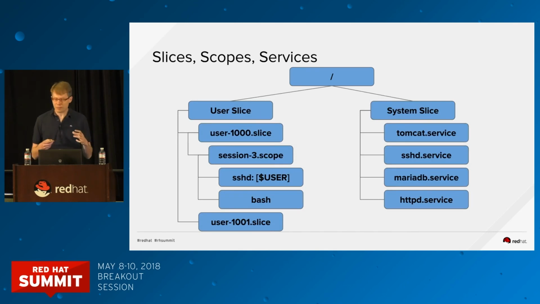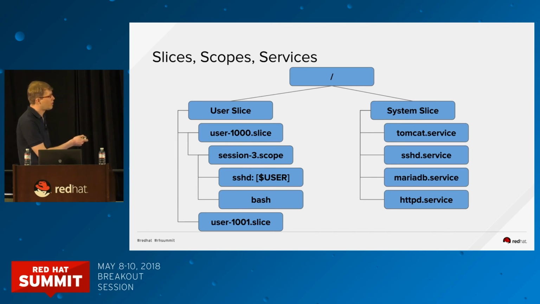If you have a complex system, then usually the cgroup arrangements look a little bit like this. By default, the system will actually create two major slices. First of all, we'll create the root slice, which always exists. And then we'll split that up into the user slice and the system slice.